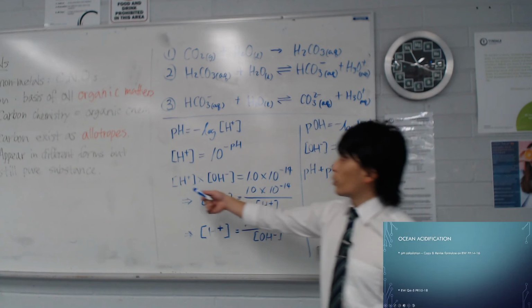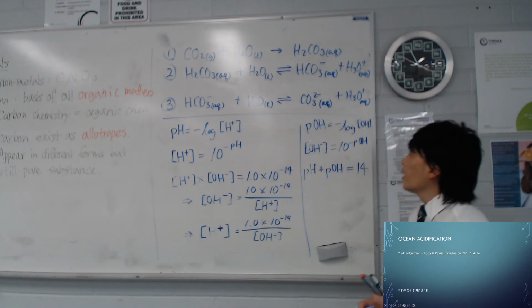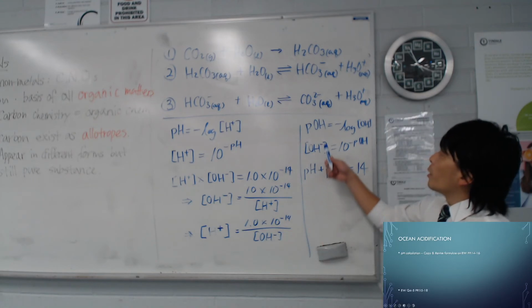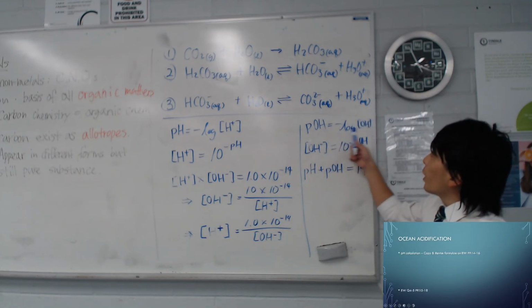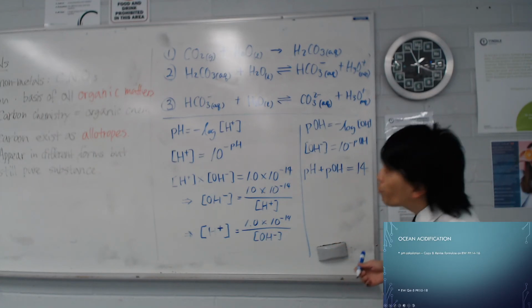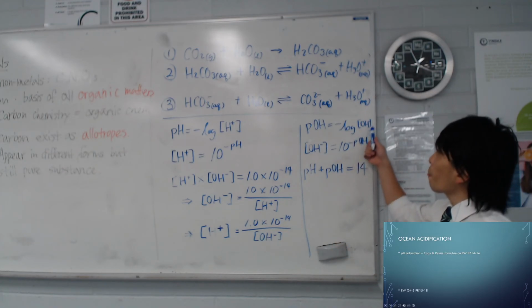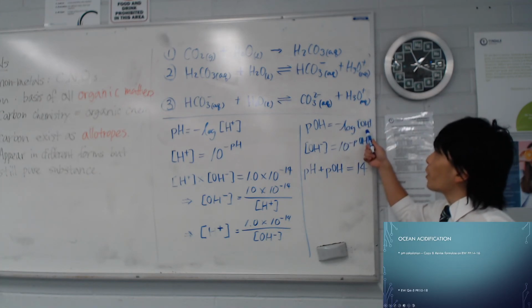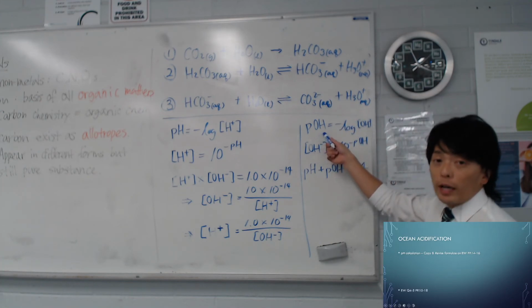From here, you can also see that to find the pH of a basic solution, firstly you find the negative log of the known concentration of hydroxide, which gives you the pOH value.